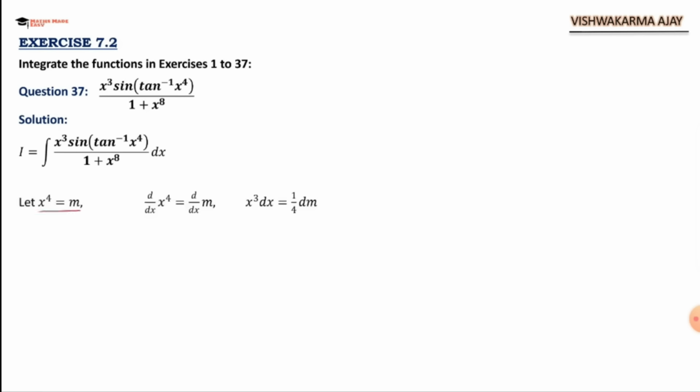So the derivative of x raised to power 4 is 4x cube dx is equal to dm, since we are substituting with m. So x cube dx is equal to 1 by 4 dm.